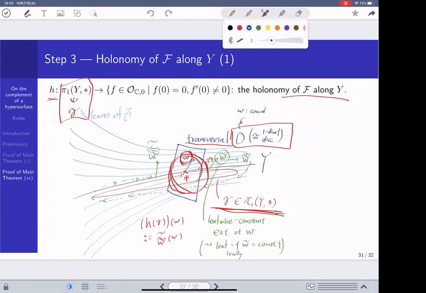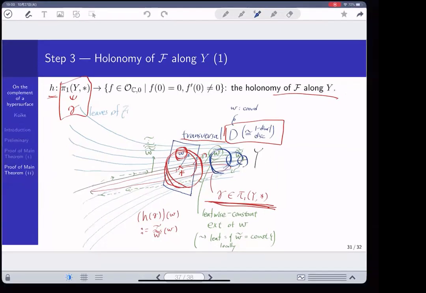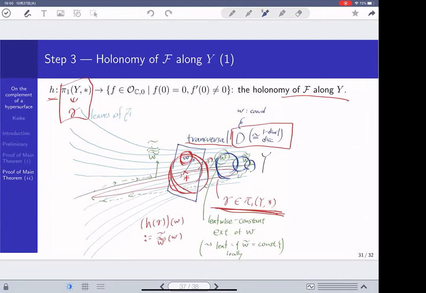I extend it in a leafwise holomorphic, leafwise constant way, and extend it many times along gamma.